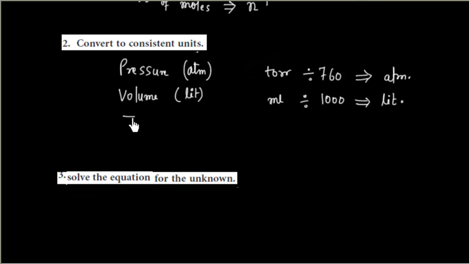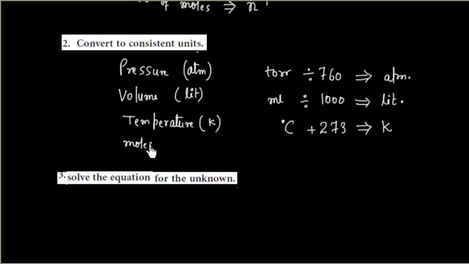Now temperature: we need temperature in Kelvin. Generally it is given in degrees centigrade, then we have to add 273 to convert into Kelvin. Now number of moles: sometimes moles is given directly, but sometimes it is given indirectly, that is, mass may be given.